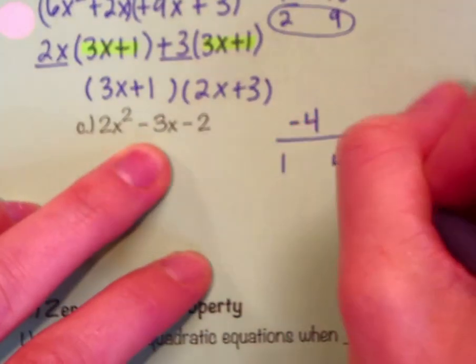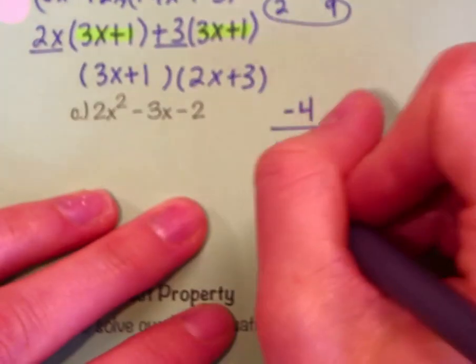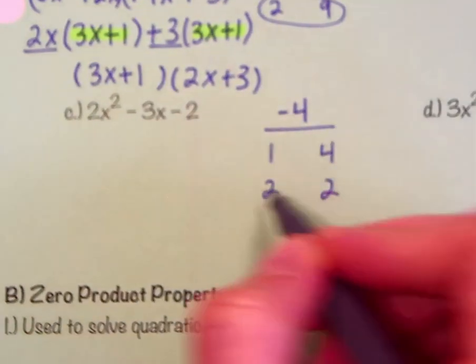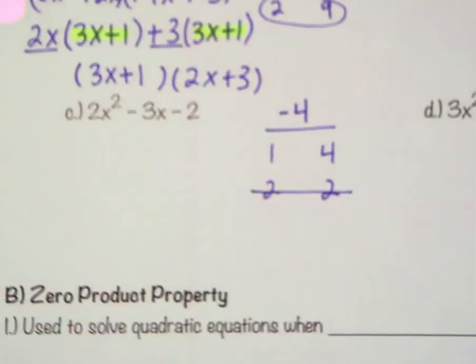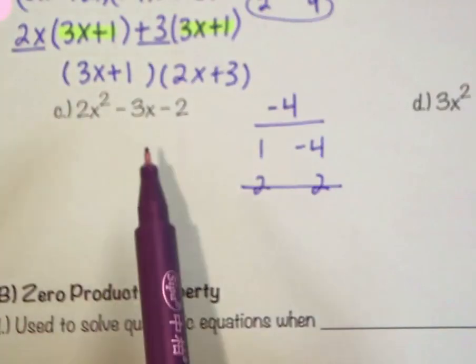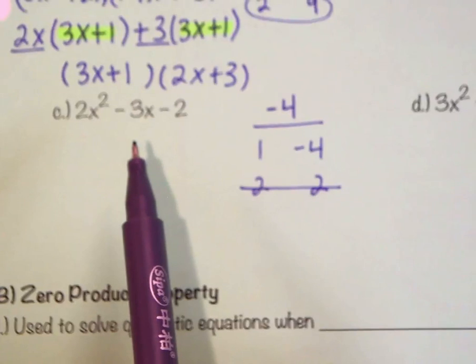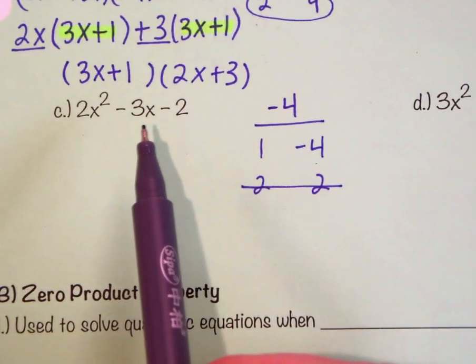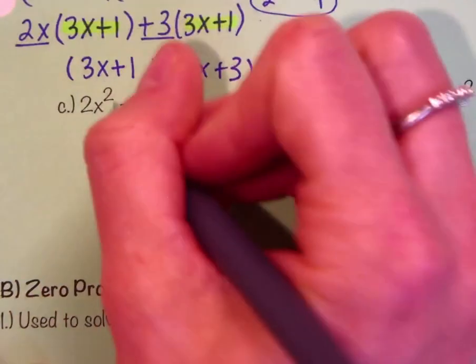Okay, so if we just think of positive factors of 4, and then we'll see what we could make negative in order for that to happen. Well, 2 and 2 isn't going to work. But if I make this 4 negative, 1 plus -4 is going to give me that -3. So what I'm going to do is manipulate this -3.